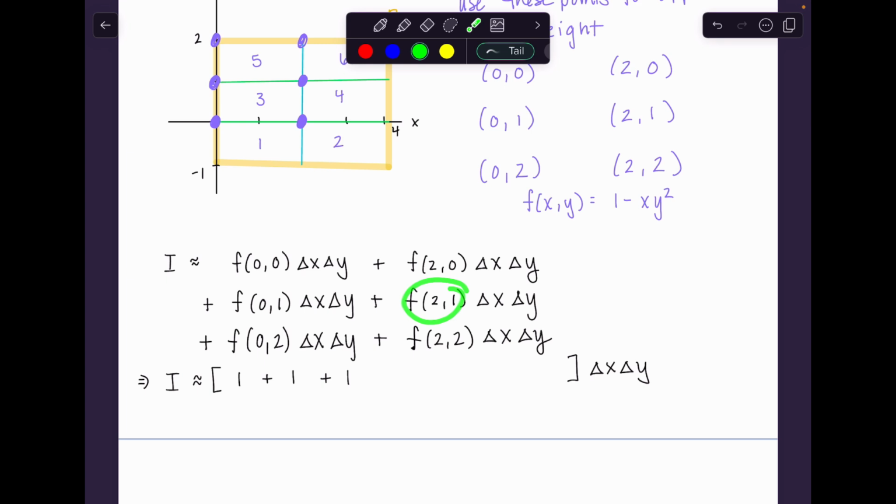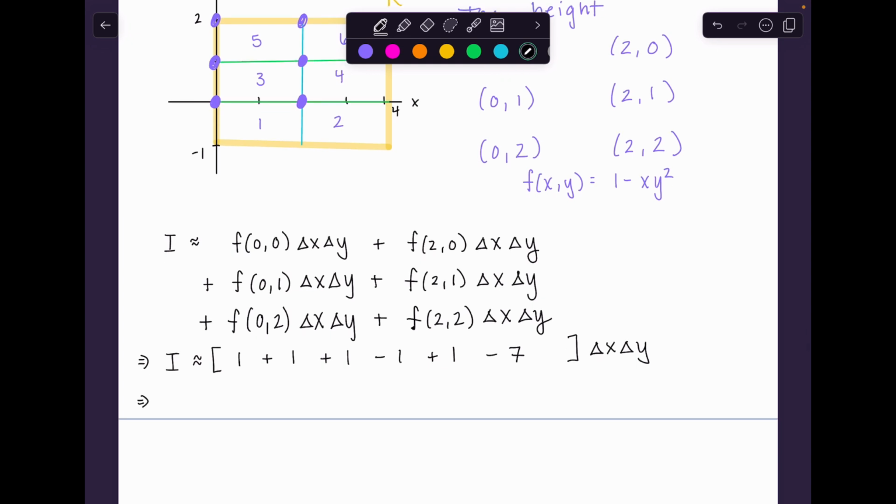When I plug in 2, 1, this would end up being 1 minus 2. So that height is negative 1. When I plug in 0, 2, same thing. This will give me positive 1. And then the last one, if I plug in 2, 2, that would be 2 times 4. So 1 minus 8. This gives me minus 7.